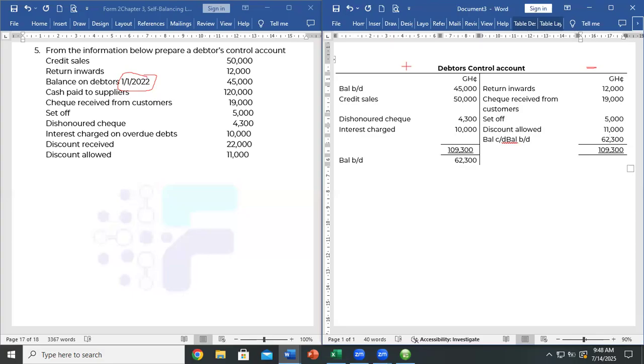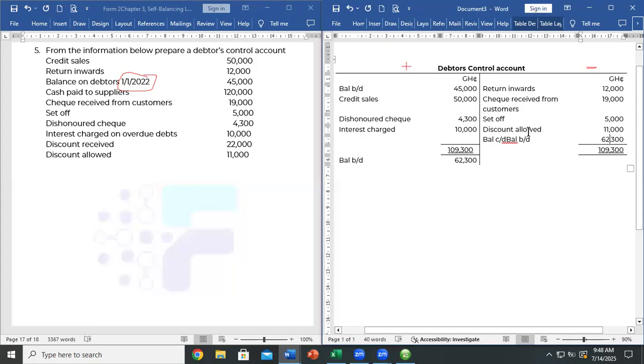Okay, now in the previous lessons, we saw the common items that affect debtors and the common items that affect creditors. Please pay attention to those items and you will not struggle at this level when you are preparing control account. Especially for the debtors, the common items include credit sales, returns inwards, cash or check received from them, discount allowed.